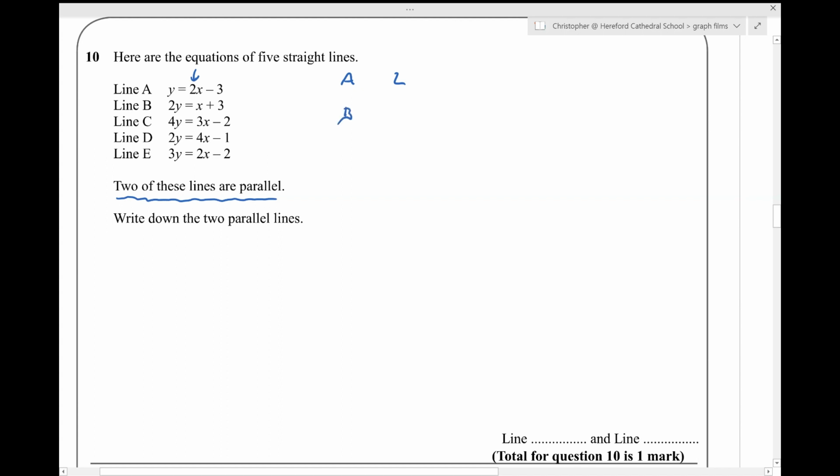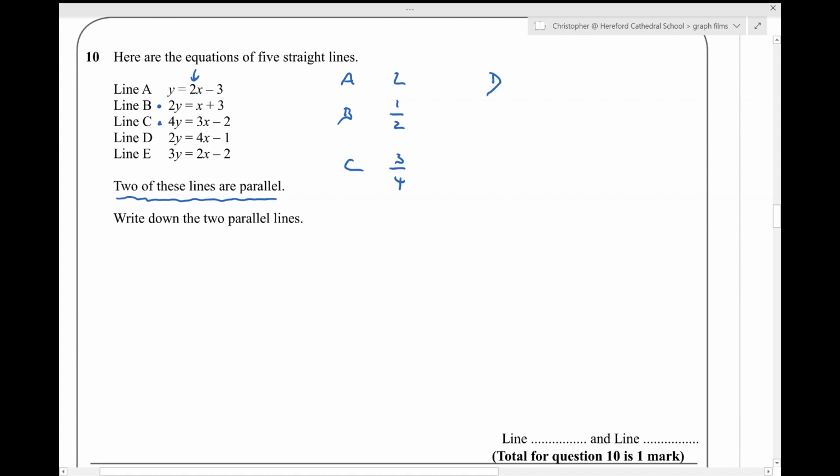Line B, to find the gradient, I'd have to divide both sides by 2 to make y the subject, so I'd end up with half an x. C, I'd need to divide everything by 4 to make y the subject, which would give me a coefficient of x of 3/4. So that's the gradient of line C.